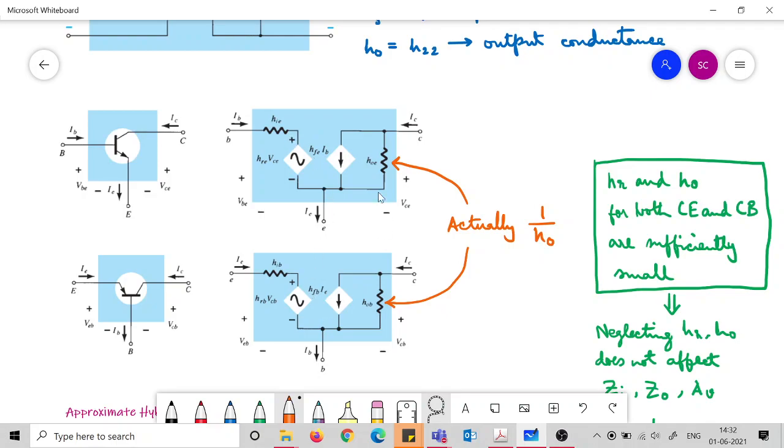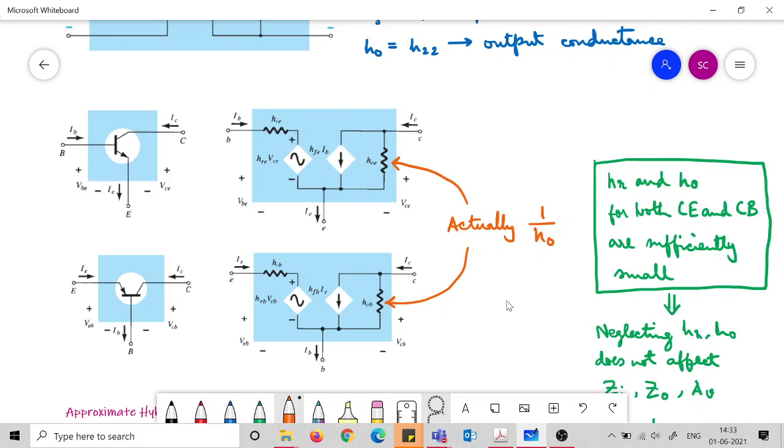So once we arrive at this, this is the actual hybrid equivalent model of the BJT. But as you have already noted, we don't like to work with actual models or actual things, we are always going for approximation when we are working in this course of analog electronics.